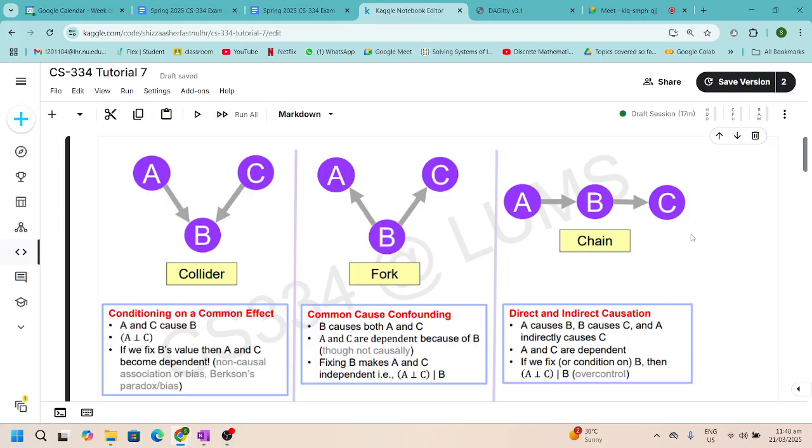But let me tell you the difference between the dependency that you observe in a fork and the one that you observe in a chain. Chain में आप जो dependency देख रहे हैं that may or may not be causal.